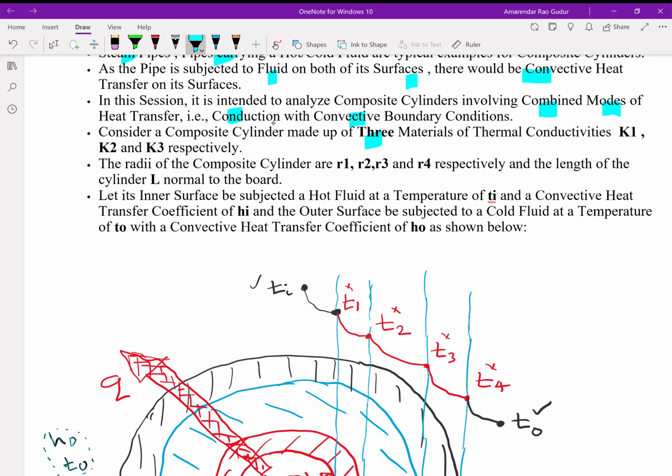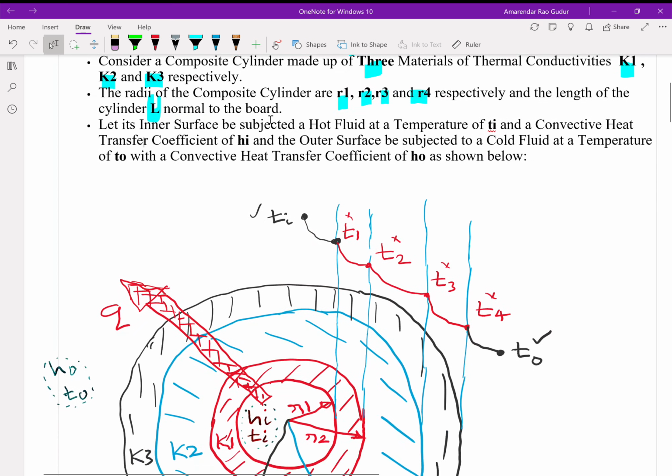It could be anything more than one, but we are beginning with three materials having thermal conductivities K1, K2, K3 respectively, and the radii of the cylinder are R1, R2, R3, R4 respectively, and the length of the cylinder is L normal to the board. If it's not given, one can take it as a meter. So per unit length, one can make the calculations.